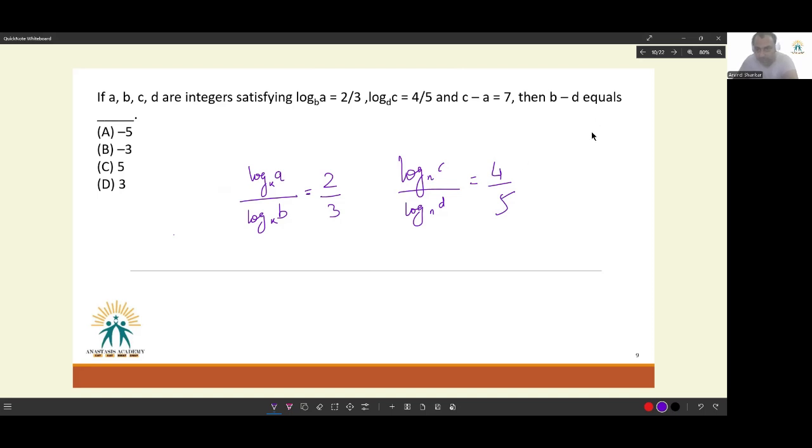This gives me an indication C has to be equal to N raised to the power 4, and A has to be equal to K raised to the power 2.